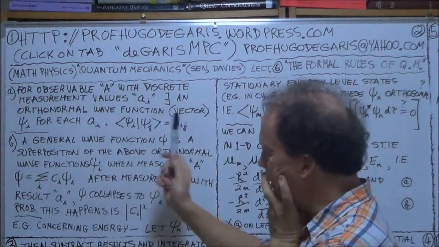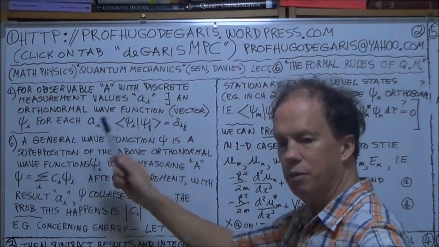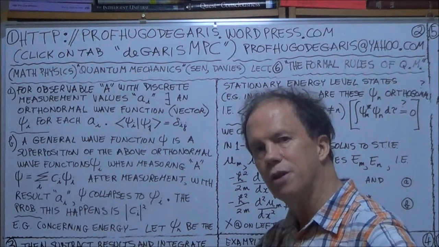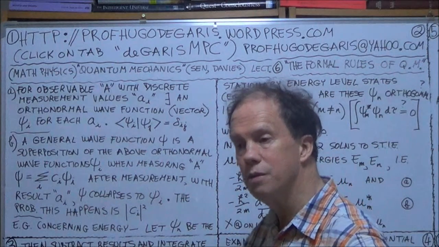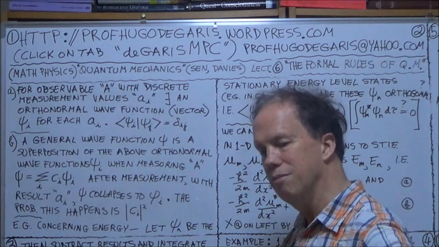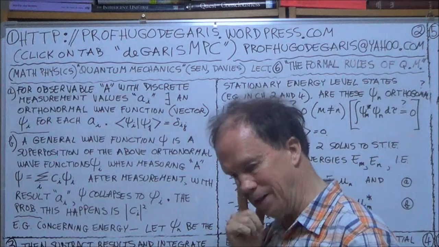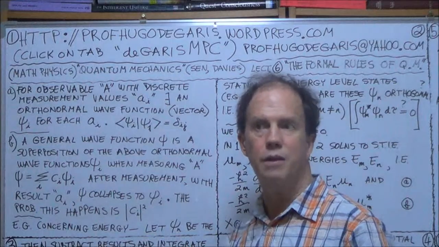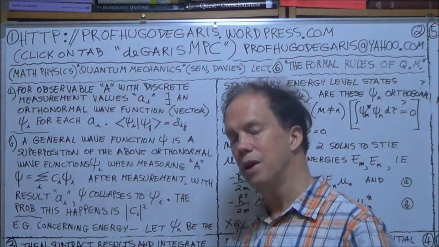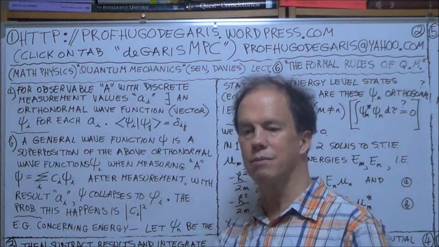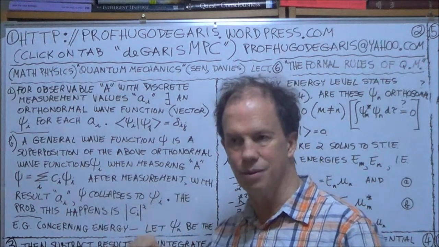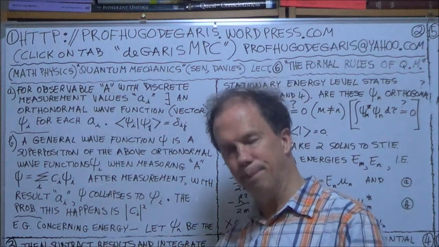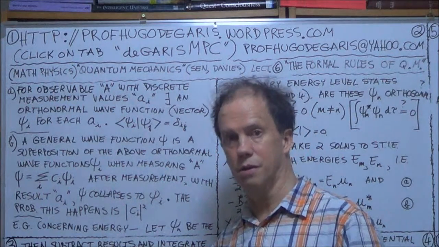Now remember, these two things are situated within the context of superposition, right? Superposition is one of the most basic concepts in quantum mechanics. If you have one solution to the Schrödinger equation, psi_1, and another solution, psi_2, then any weighted sum, like c_1 psi_1 plus c_2 psi_2, where c_1 and c_2 are just complex numbers, is itself a solution to Schrödinger's equation.